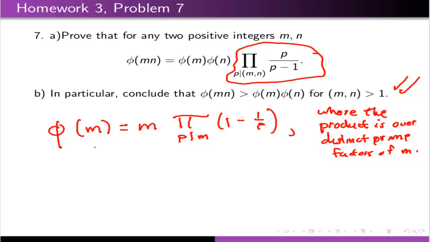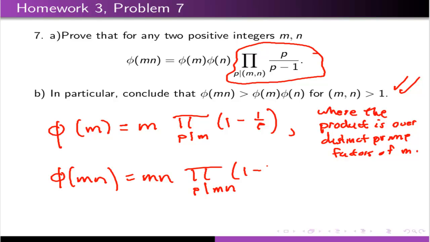So use that notation, and so this would be mn times the product over the distinct prime factors of m times n, and then phi of n, you'll have a similar thing, and just compare these things, and it should come right out.